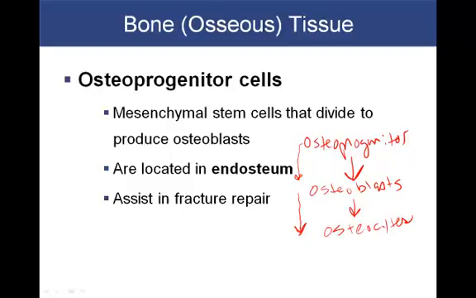So it starts secreting collagen, largely. And once that osteoblast is completely embedded within that matrix, it then differentiates into the osteocyte. So this is kind of how fracture repair or healing works.